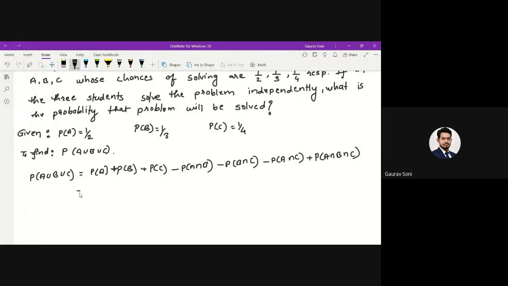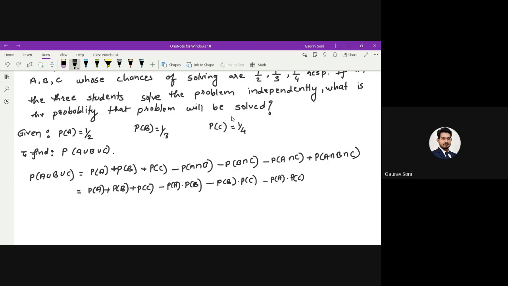Now what can we do? As all the events are independent, probability of A intersection B is equal to probability of A times probability of B. So this will be probability of A plus probability of B plus probability of C minus probability of A into probability of B, similarly probability of B into probability of C, minus probability of A into probability of C. Look, there is complete independence.